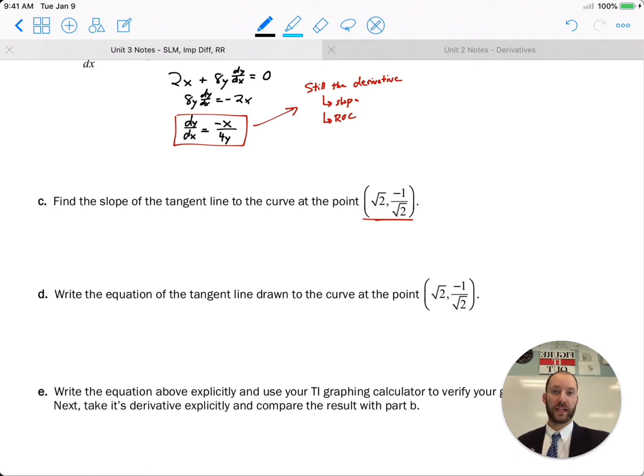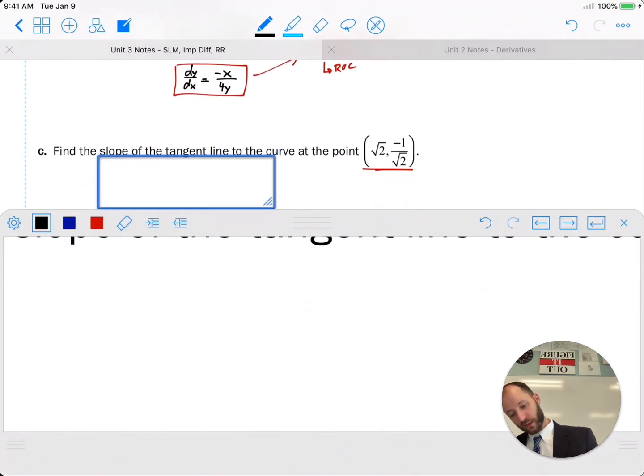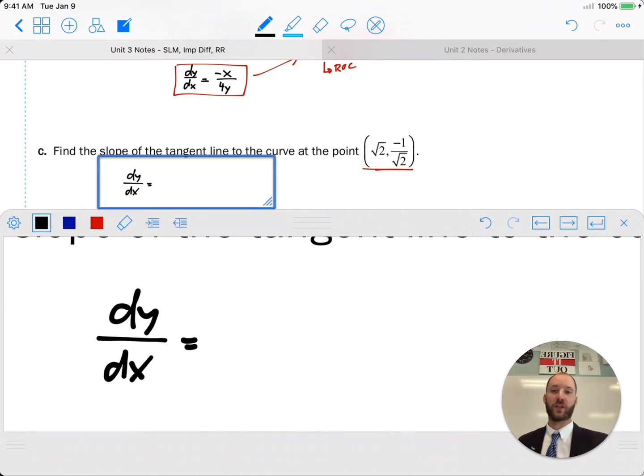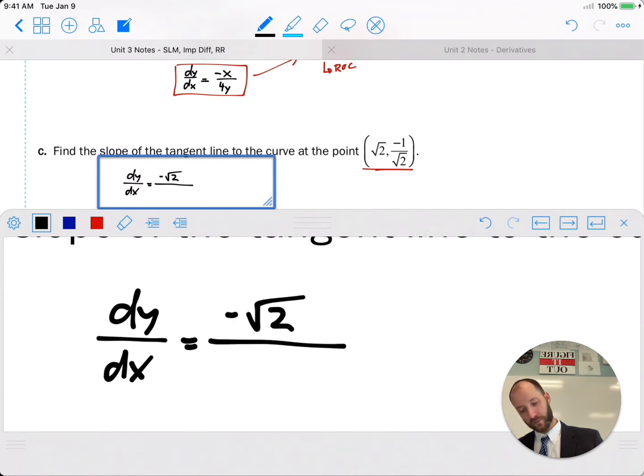So dy dx, let's solve that. So negative x over 4y. So negative root 2 over 4 times negative 1 over root 2.